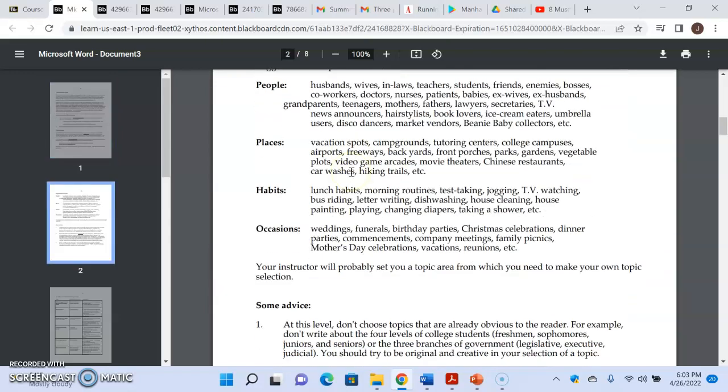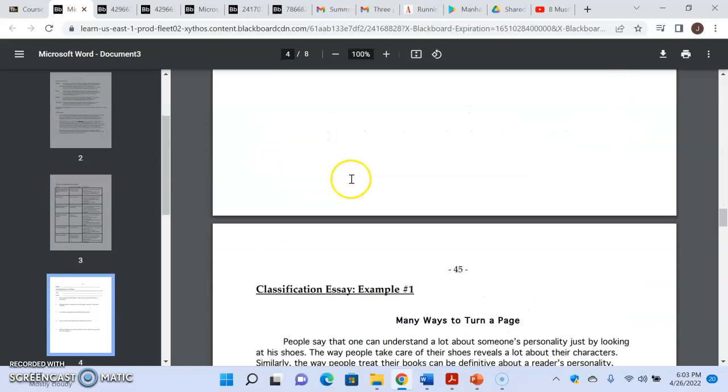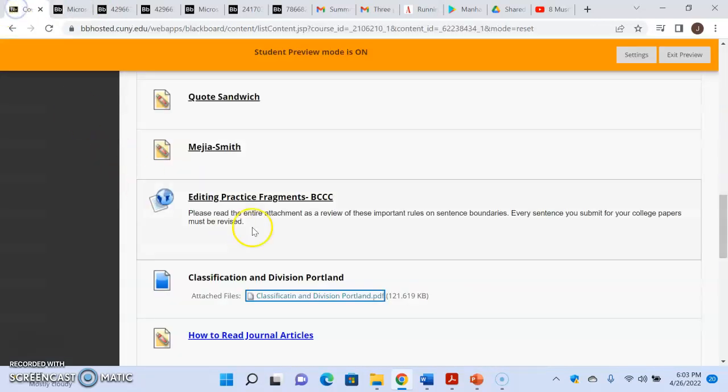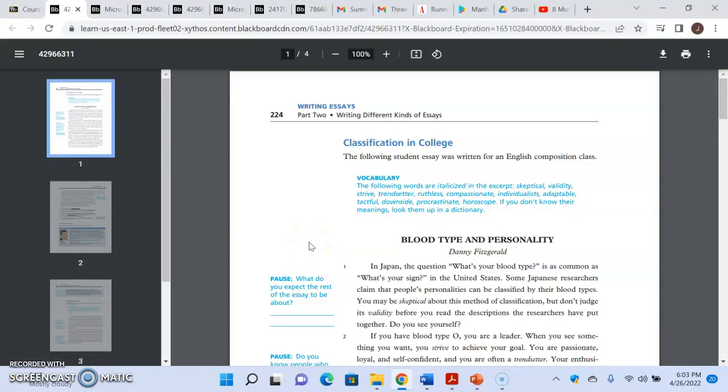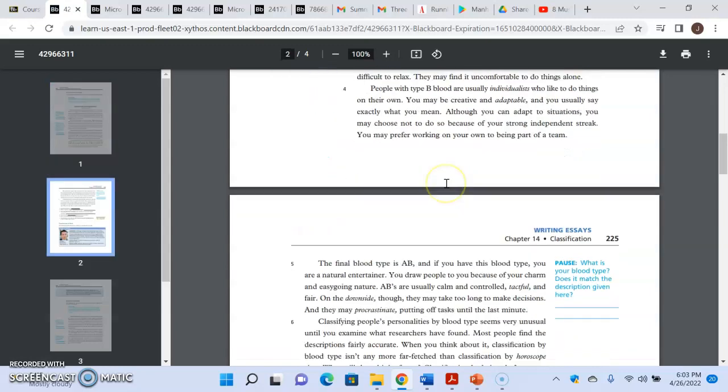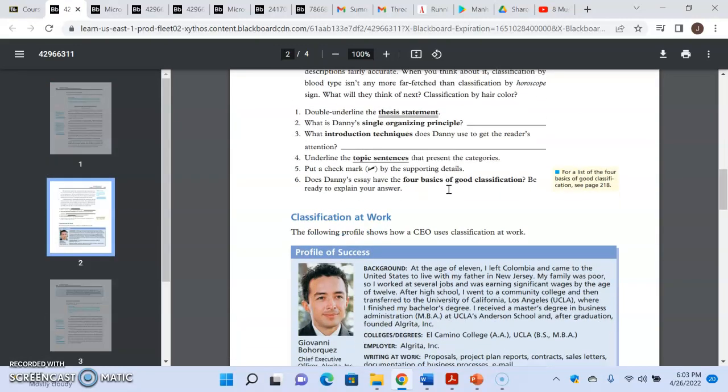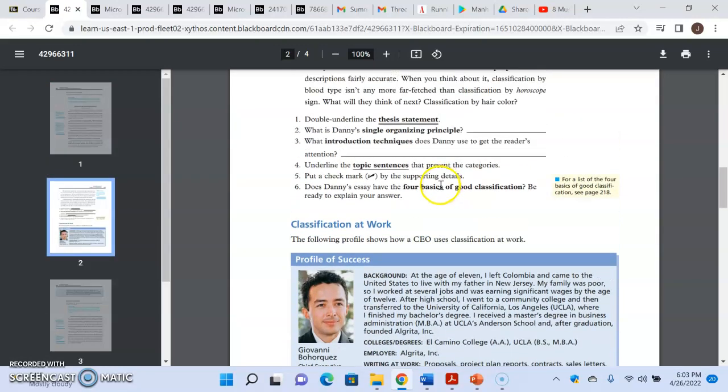I want you to take a look at this handout. I also want you to take a look at the classification and division worksheets, right? This is the first one, and it gives you an example of classification, right?